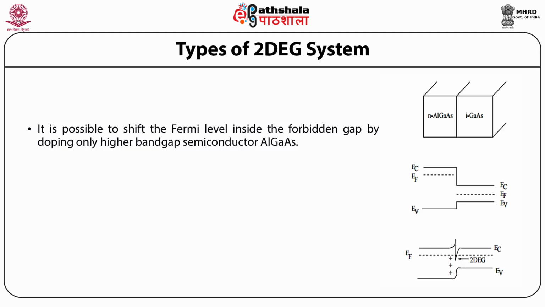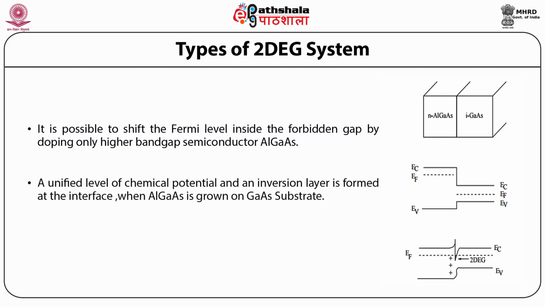So when the aluminium gallium arsenide is grown on gallium arsenide substrate, a unified level of chemical potential is established and an inversion layer is formed at the interface.